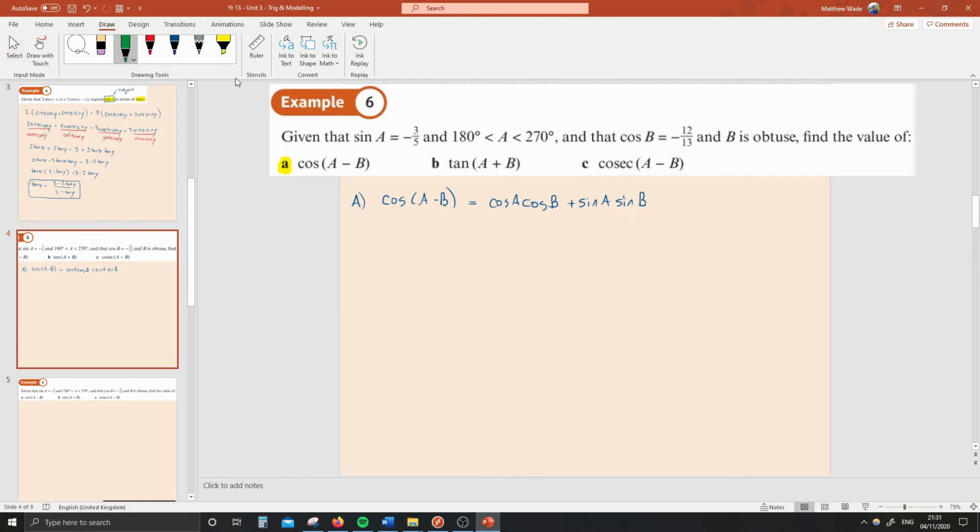In other words, this one here is fine, no problem. We know that cos B is minus 12 over 13, so there's our cos B, so that's fine too. But can you see that we have no idea what cos of A is? We have no idea what sine of B is. So we are stitched up here, unfortunately. So we're not ready to solve it because we don't know what cos A or sine B is.